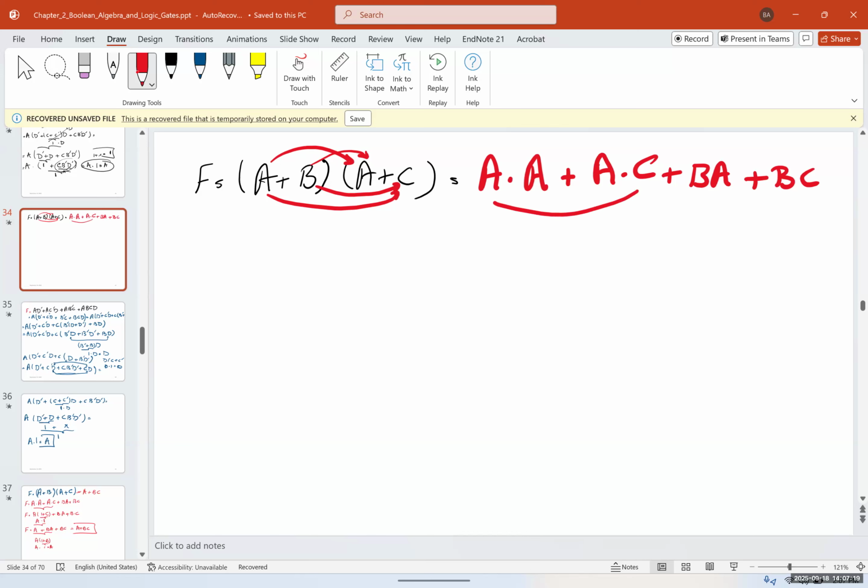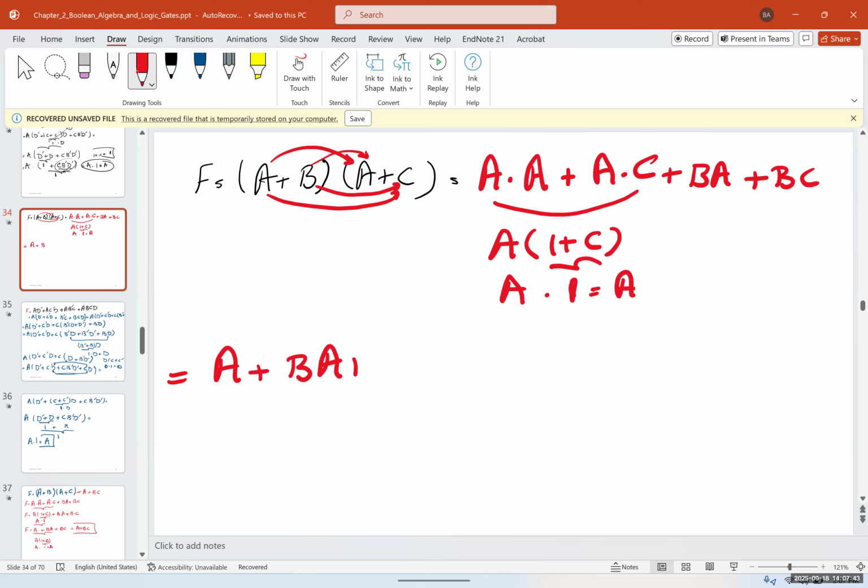So these two, we can write it like this: A multiplied by 1 plus C. 1 plus anything results in 1, and A times 1 gets A. So this would be equal to A plus BA plus BC.